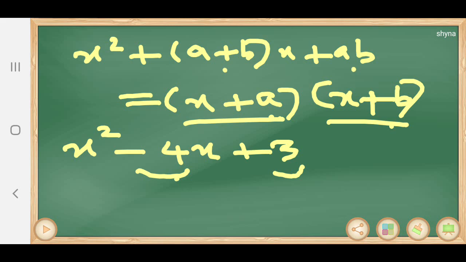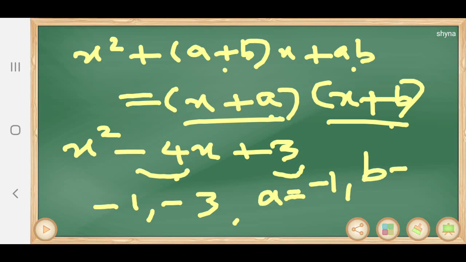Which are the numbers? Negative 1 and negative 3. Why? Negative 1 into negative 3 is positive 3, the product ab, and negative 1 plus negative 3 is negative 4. So here a equal to negative 1 and b equal to negative 3.